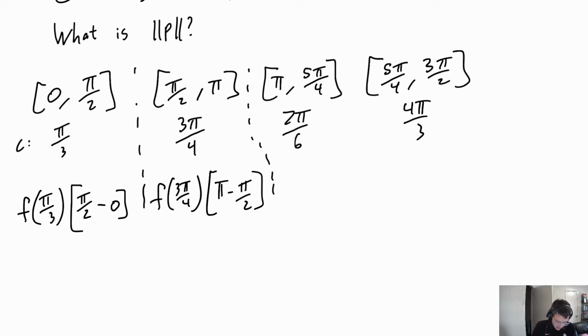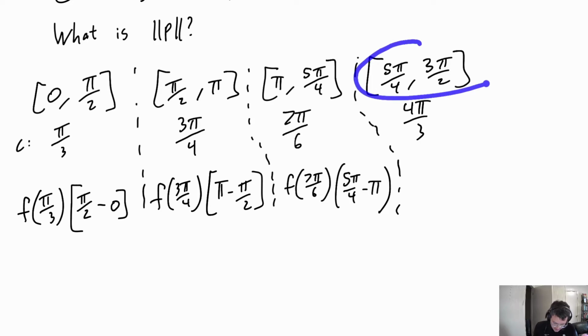Okay. This third subinterval and sample point gives us another rectangle. The height of this rectangle is f of 7 pi over 6. And the distance, the base length, is this right endpoint of the interval, 5 pi over 4, minus the left endpoint.